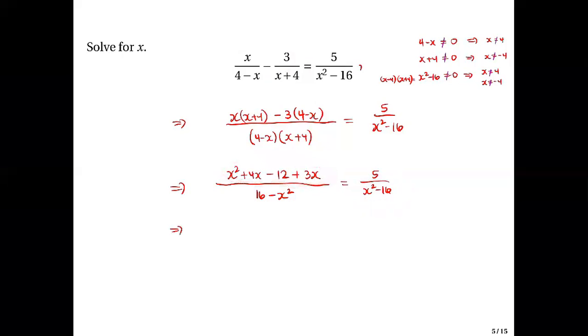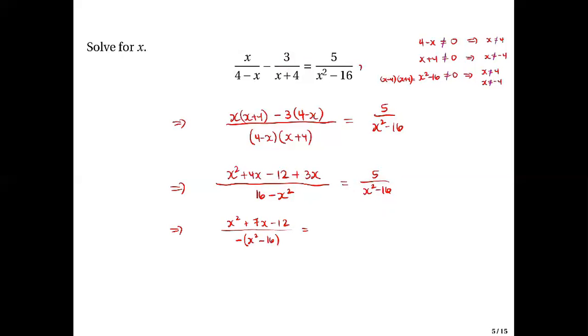So the numerator, it will just be x squared plus 7x minus 12. The denominator, let us take out negative, and we will have here x squared minus 16.